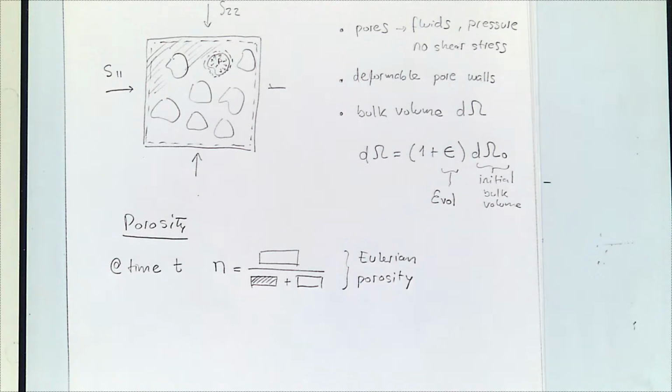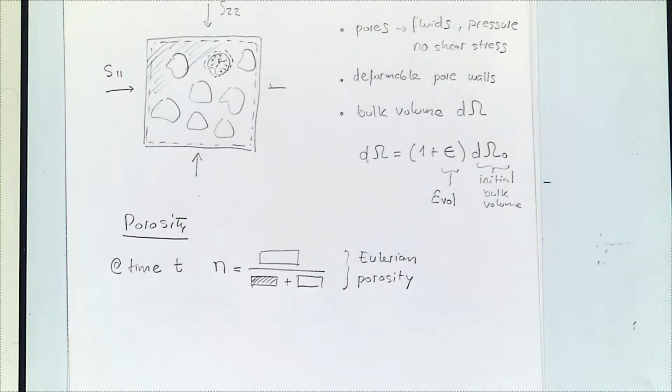But in mechanics, if you remember, when we define a strain, we always define it with respect to the original length before deformation at a time equal to 0. That's the way we keep track of strains. It's a change of length divided by the original length.